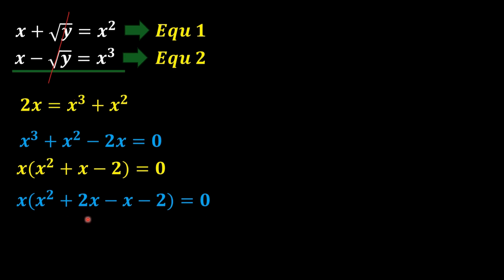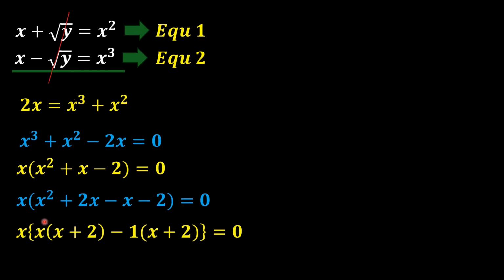Now in the next step, we should take common x from both of these values and minus 1 from both of these values. As a result, we should get x into x plus 2. When we take common x from both of these values, x plus 2 will be the remaining value. When we take minus 1 common from both of these values, we should get x plus 2 as the remaining value, and this is the entire equation after taking common.